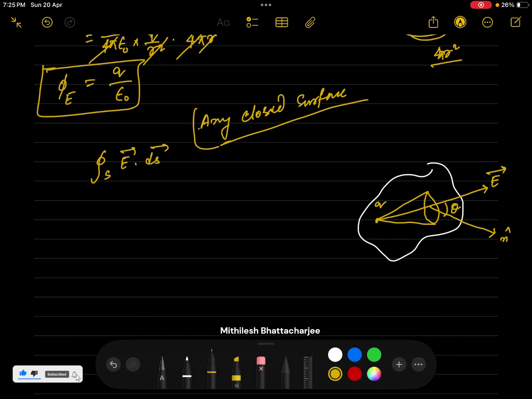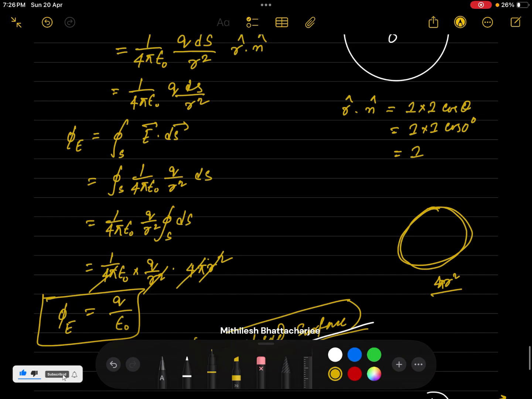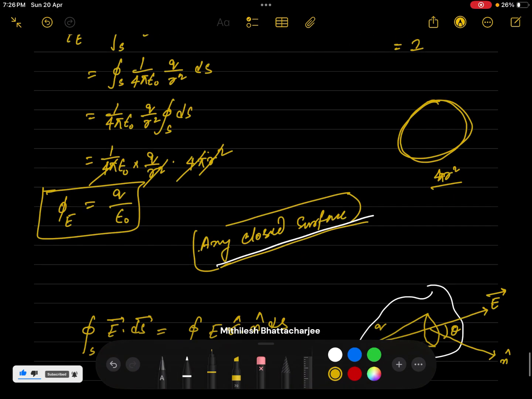Then what will happen? As per the formula, we can write the surface integration of E dot ds as the integration of E r dot n into ds.